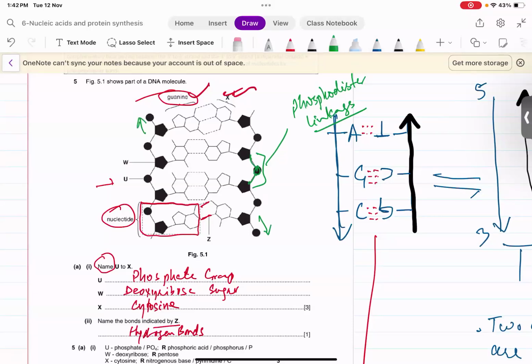So the direction will be like this: 5 is on this side and 3 on this side, and for this one 5 is on this side and 3 on this side. You got it?